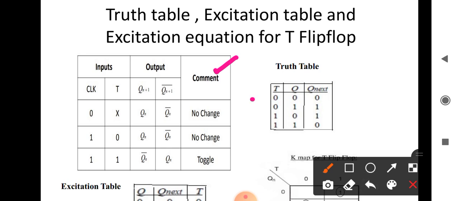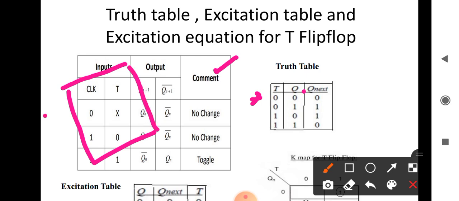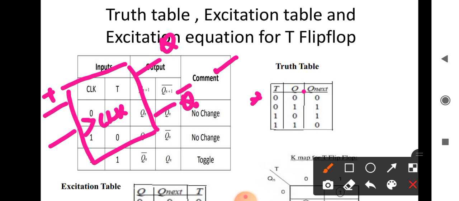So T is equal to 0. Say when T is equal to 0, Q is equal to 0. Q means we are taking only one output. For T and for clock we are taking only Q, we are not considering Q complement here.